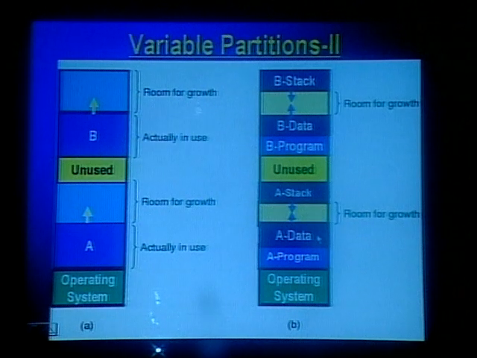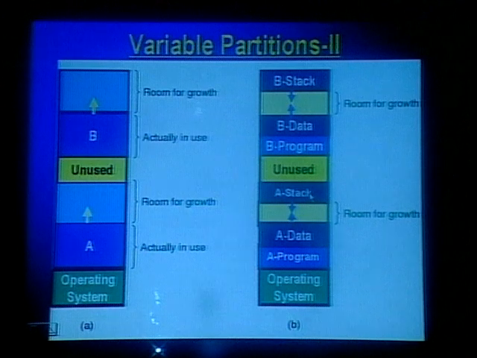It is a tricky and very intelligent allocation, because if data wants to grow, data can grow, and if stack wants to grow, stack can grow. And if we still run out of memory, we have to take all this program, data, and stack to a different location. But this is certainly an efficient algorithm of memory utilization.